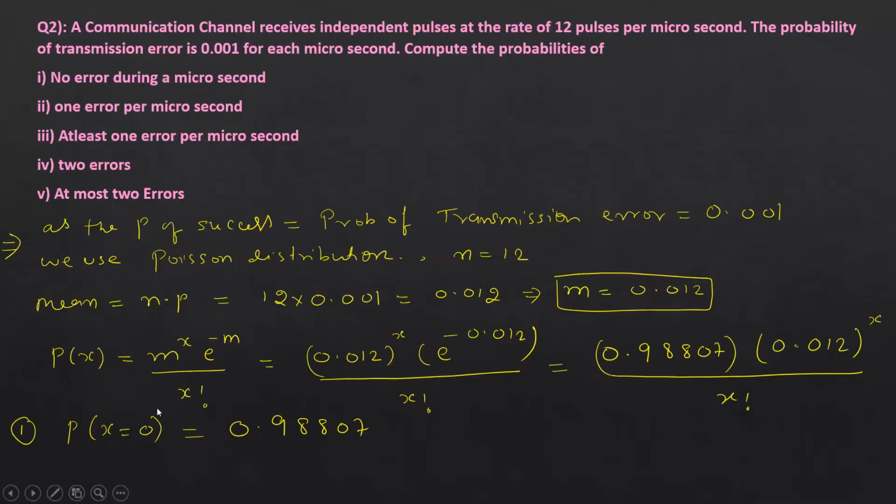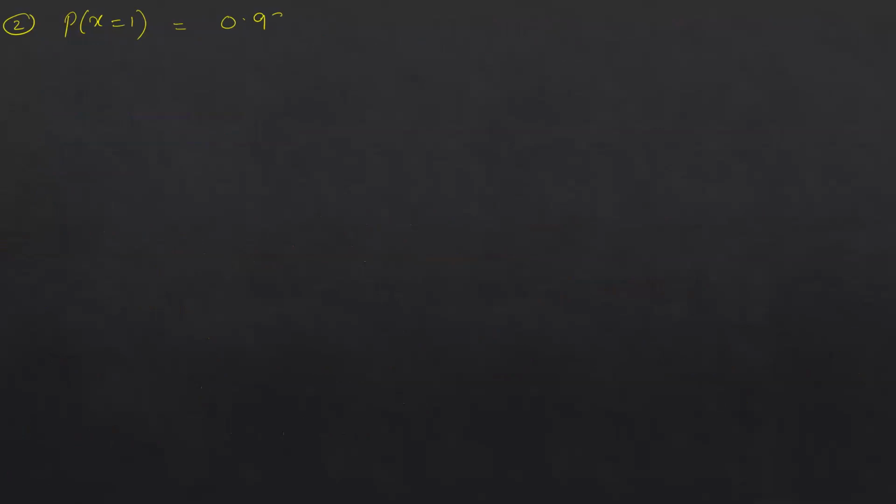So this is equal to 0.98807 into 0.012 power x divided by, this will become 1 now, divided by 1 factorial. So approximately how much will we get here? You can just calculate quickly.